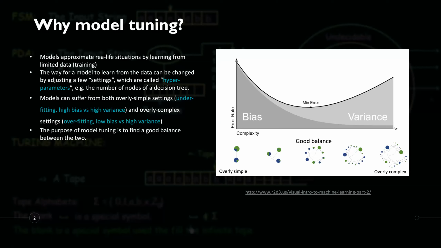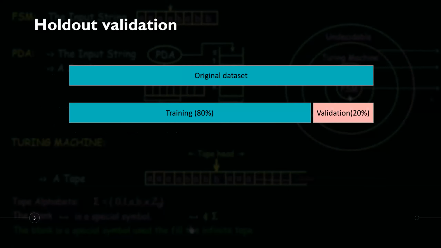Okay, but how to do model tuning? I would say the validation, how to choose an appropriate validation strategy, is the key to successful model tuning. So what are the validation strategies? Let's start from the very basic one.